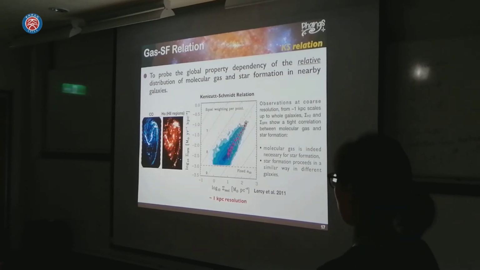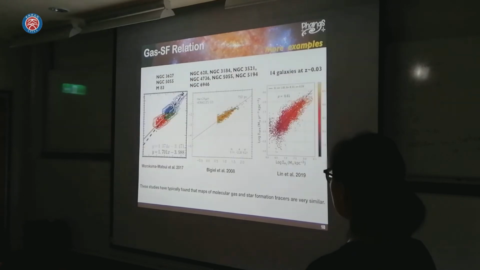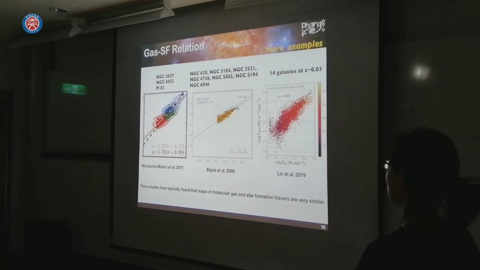This has been interpreted as molecular gas being indeed necessary for star formation, and star formation proceeding in a similar way in different galaxies. And here are more examples of the tight correlation between gas mass and star formation rate surface density.